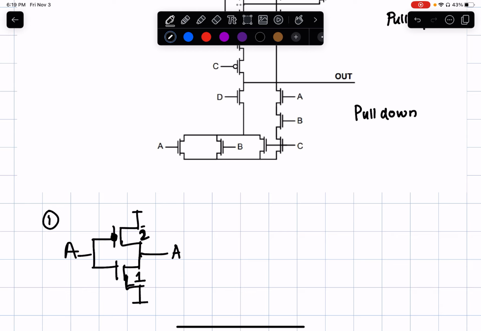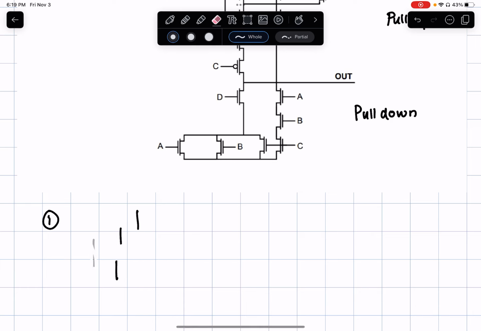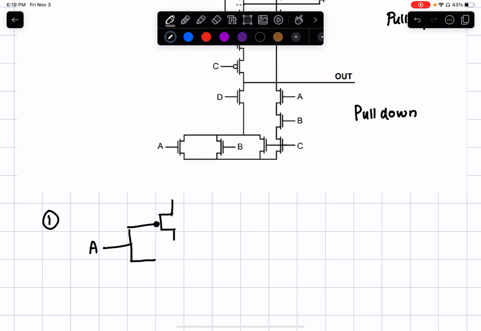Sorry, let me erase this one more time and draw it nicely. For the concept of UniCMOS, we have to draw an inverter first. So this one is the PMOS, right? And this one is the NMOS, sorry.